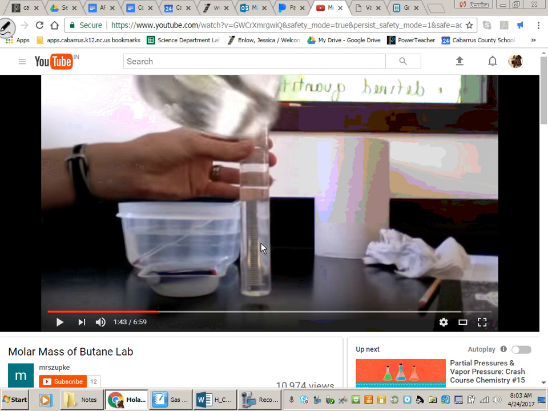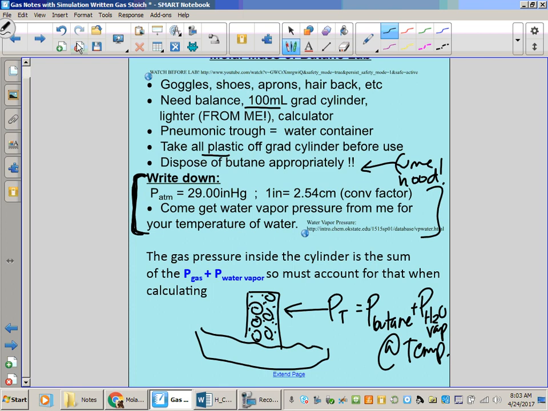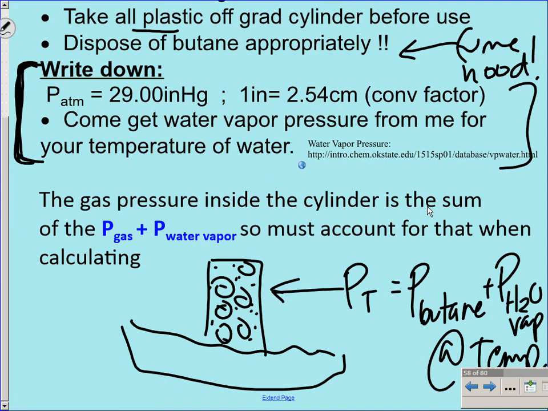Okay. So you guys, I have 8 groups. Go ahead, disperse yourselves into the lab stations. You can choose your own groups for now. You got about two minutes to get started. Okay, guys, let's go. Goggles on.